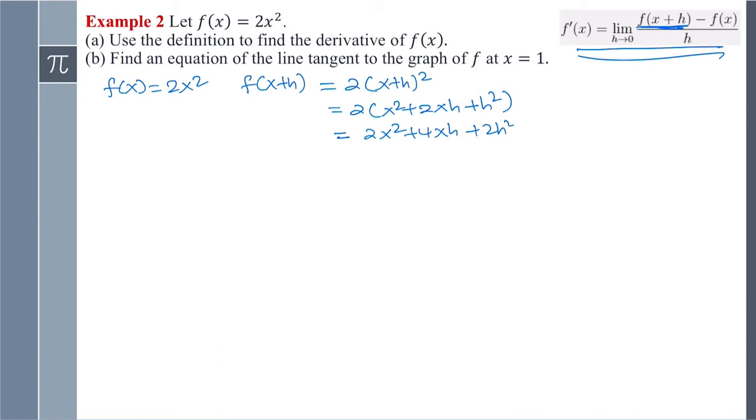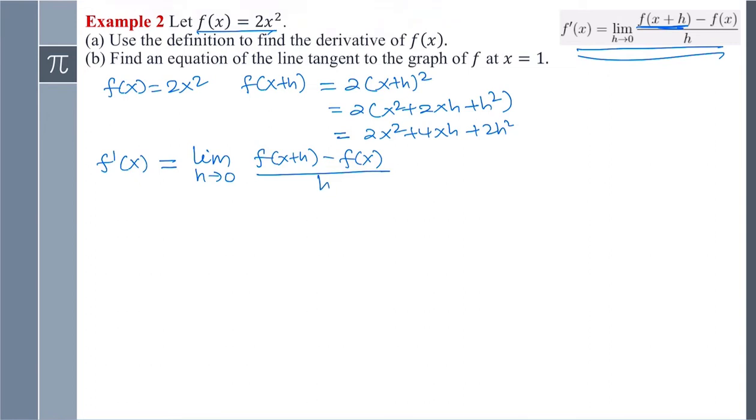Now we have f of x, we have f of x plus h, and h is just h. Now we can find the derivative of this function, f prime of x, which equals the limit as h approaches 0 of f of x plus h minus f of x, over h. So that's the definition.